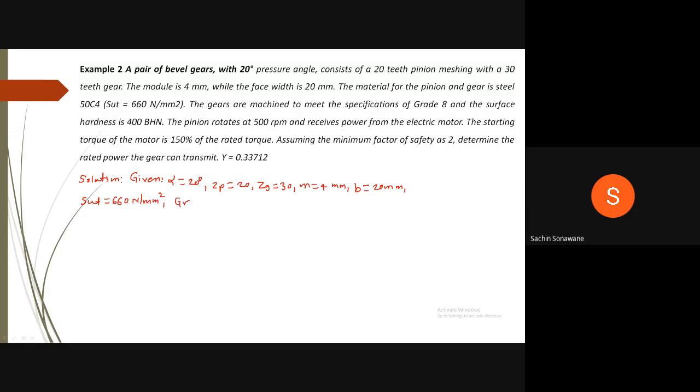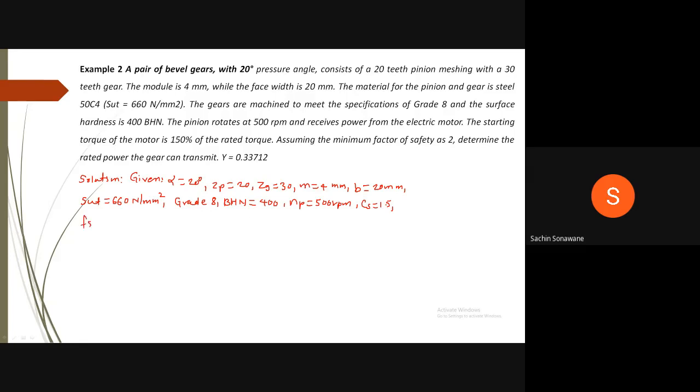Then grade 8 is there. Then BHN they have provided, BHN is equal to 400. Speed of pinion 500 rpm. CS is equal to 1.5.